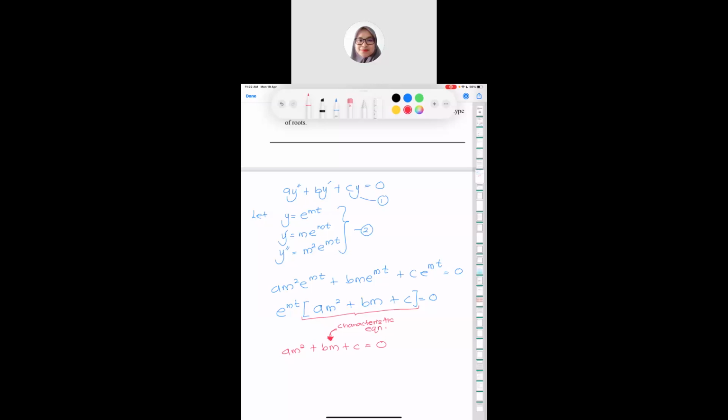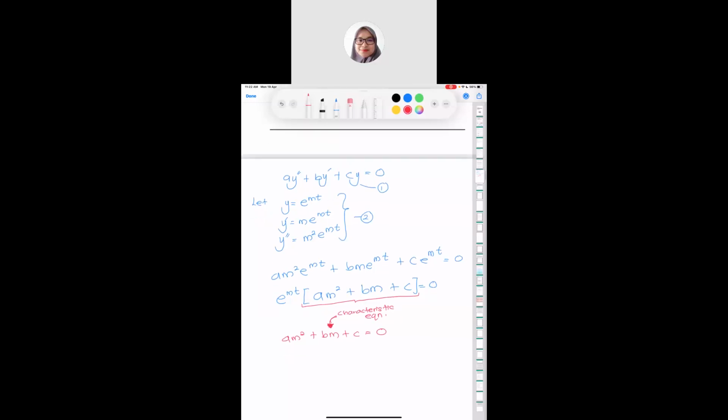You can press the calculator or you can use manually. Biasanya kalau quadratic, mesti you akan dapat dua roots, dua punca. So you will get m1 and m2. Kalau you ada m kuasa 3, kena ada 3 roots.